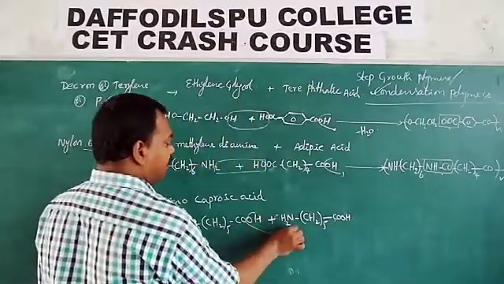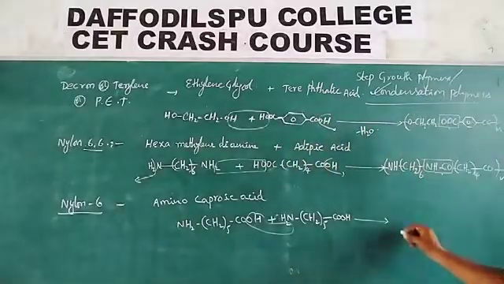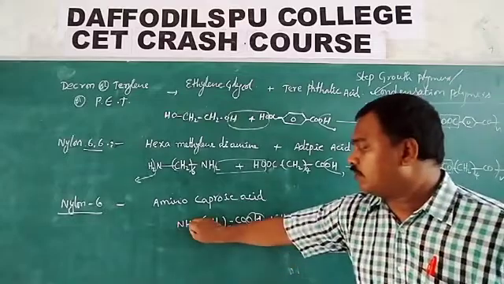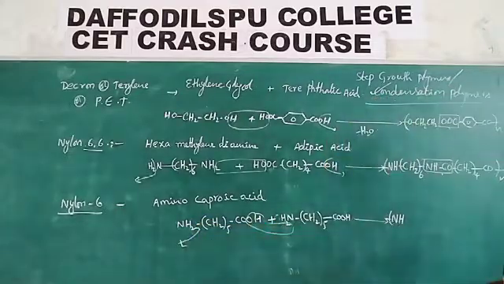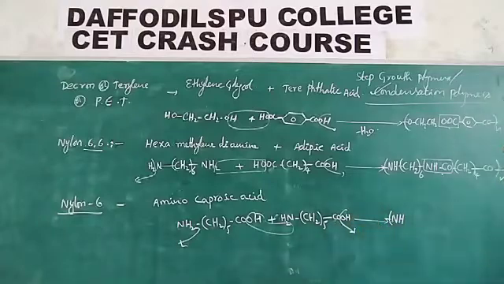From here also a water molecule is eliminated. When water molecule elimination takes place, those kinds of polymers are known as condensation polymers. There H will eliminate, from here OH is going to eliminate.